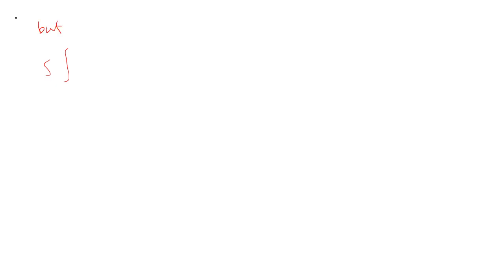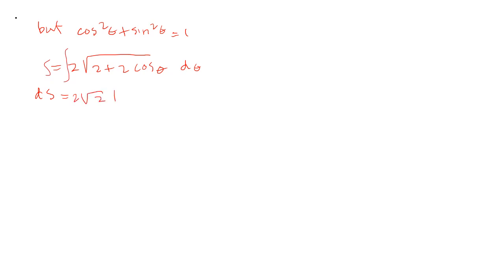But cosine squared theta plus sine squared theta equals 1. So it equals 2 square root of 2 plus 2 cosine theta d theta. So your ds equals 2 square root of 2 times square root of 1 plus cosine theta d theta.